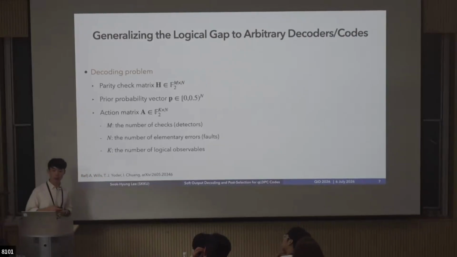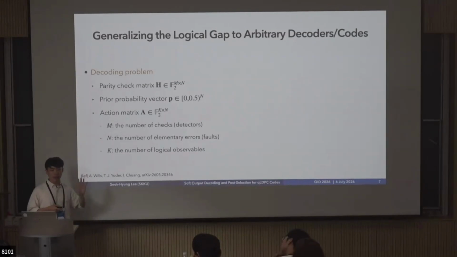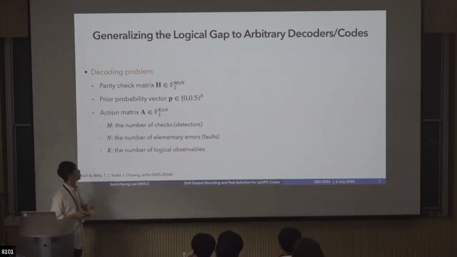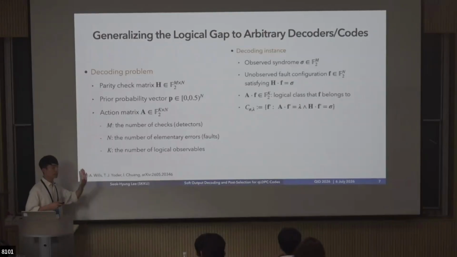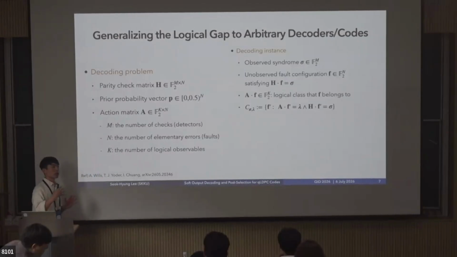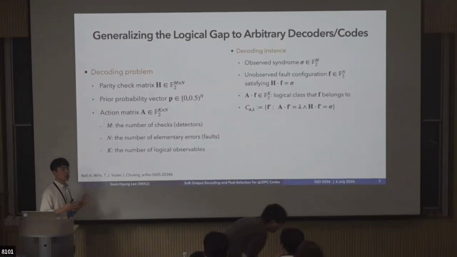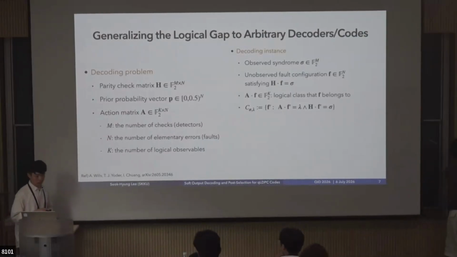It's just the logical Pauli operators of the code. And for the circuit level noise model, it is just equal to the observables in the Stim circuit. So we can think of the action matrix as characterizing the logical effects of errors if we don't decode, if we don't correct the errors.